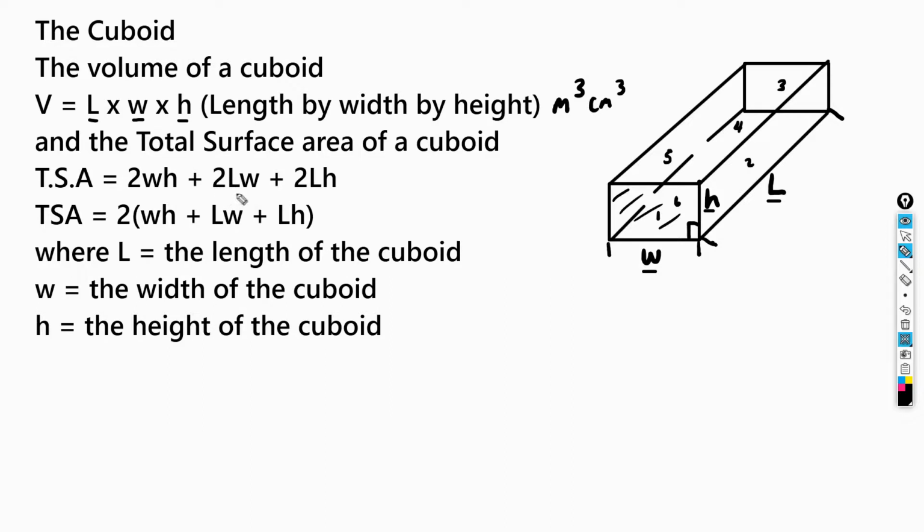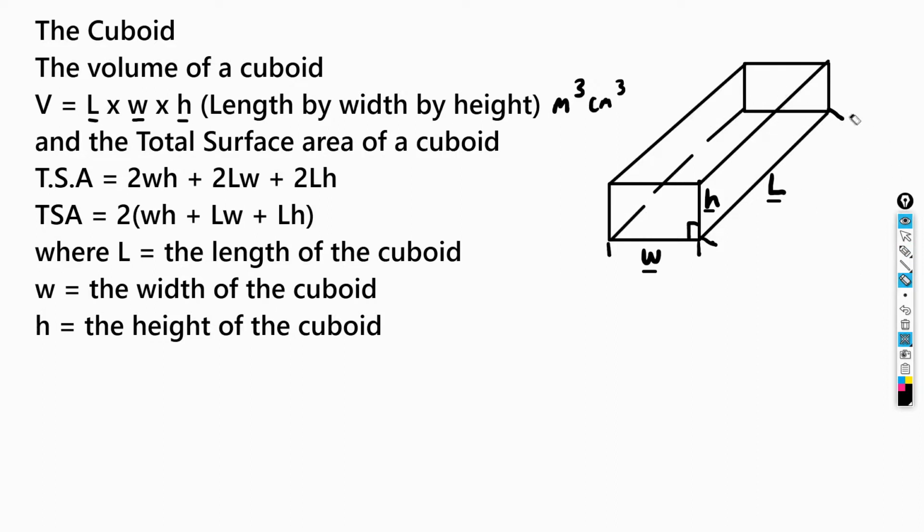Then 2 times the length times the width, which would be this area here, the area on top or the area on the bottom, right? And 2 times the length times the height, which would be this area here, that one on the sides, okay? And you can see it's 2 times. It makes perfect sense. Let me just clear this a bit.